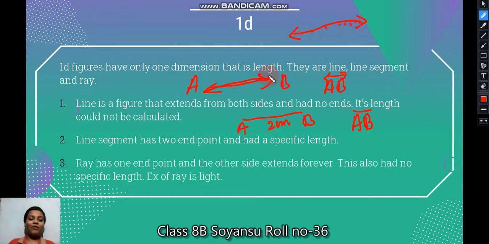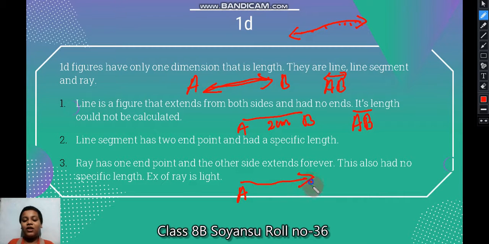Now we will learn about the ray. A ray has one endpoint and the other side extends forever. It also has no specific length. An example of a ray is light. A ray is drawn like this: one end goes on forever and the other stays at one place.